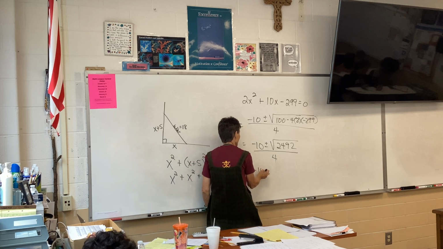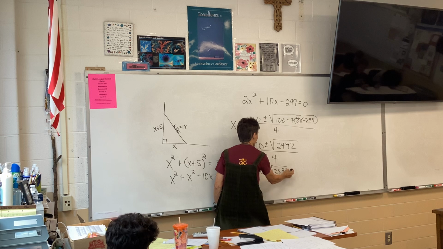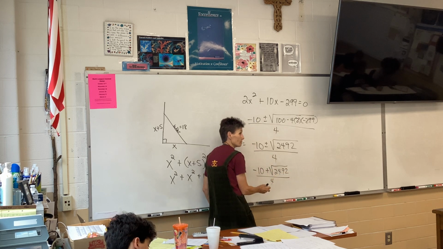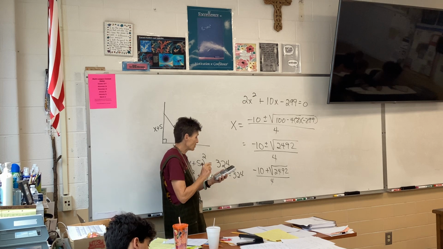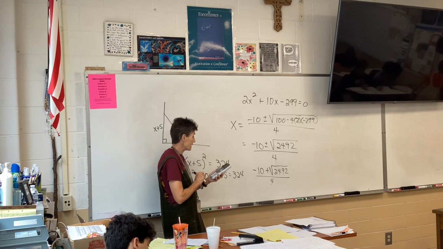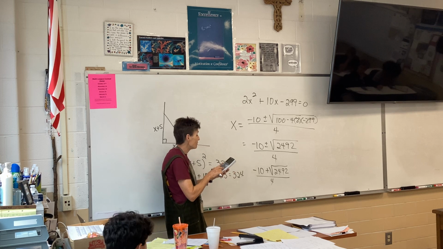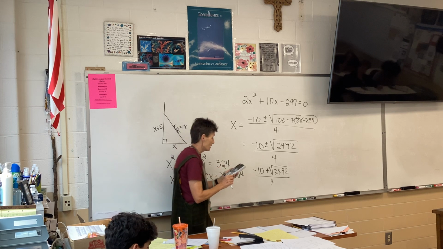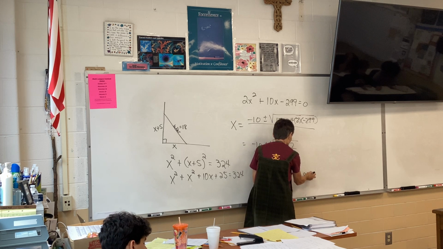One answer will be negative 10 plus the square root of 2492 over 4. When you type that in, make sure you're doing negative 10 plus the square root of 2492 equals, and then divided by 4. So you should get about 9.98.